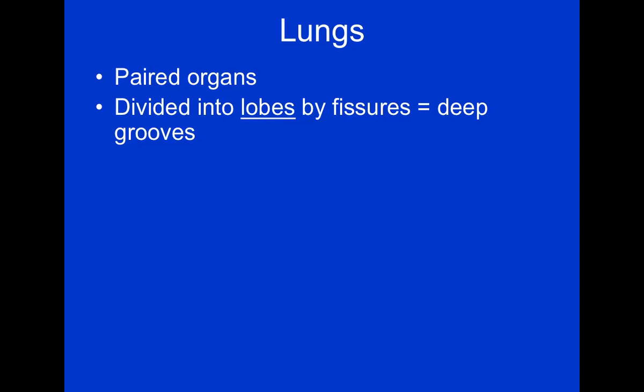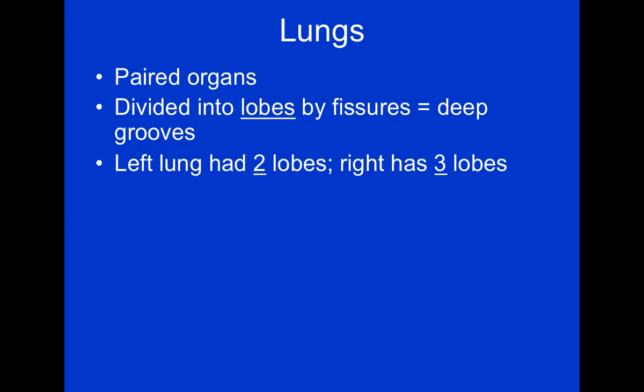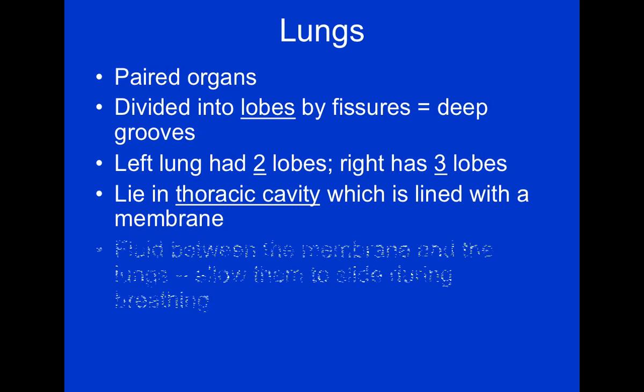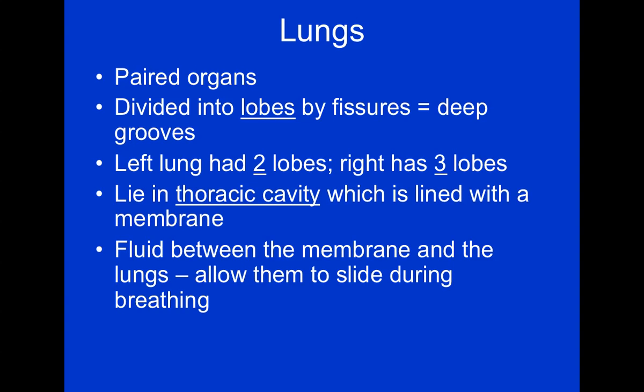Fissures, remember, are deep grooves, just like what we would find in the brain. Now, the left lung in humans has 2 lobes, but the right has 3, and you'll see that on the diagram. The lungs lie in the thoracic cavity, which is also lined by a membrane, and there is a fluid between the membrane and the lungs which allows them to slide underneath the ribs during breathing. This fluid is called pleural fluid, which goes along with the name of the membrane, which is the pleura.